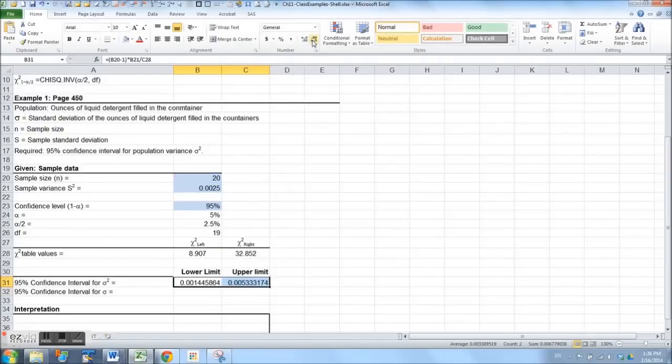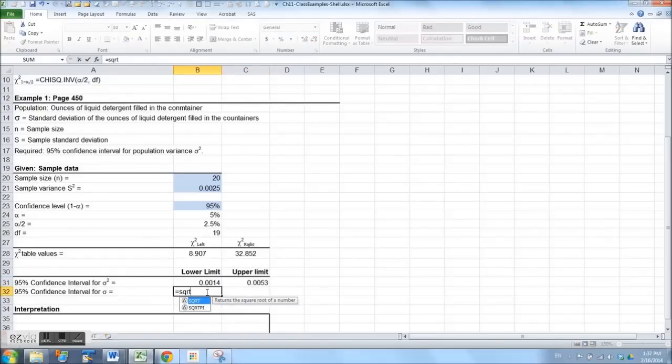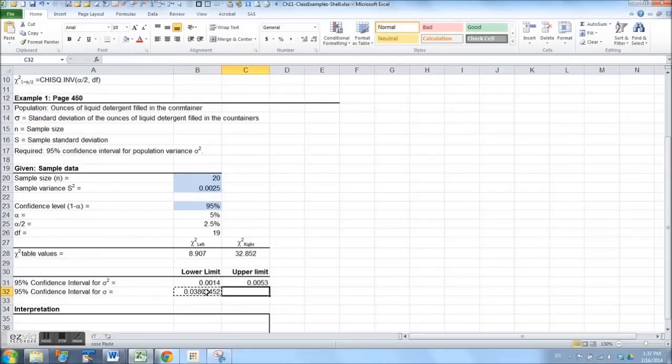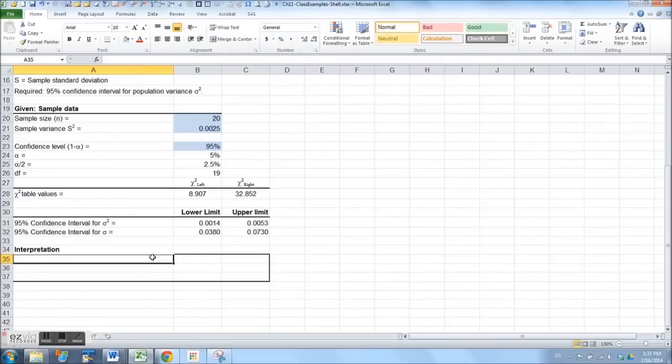So these are the two limits for variance. You take a square root of that, and that would be the confidence interval for standard deviation.